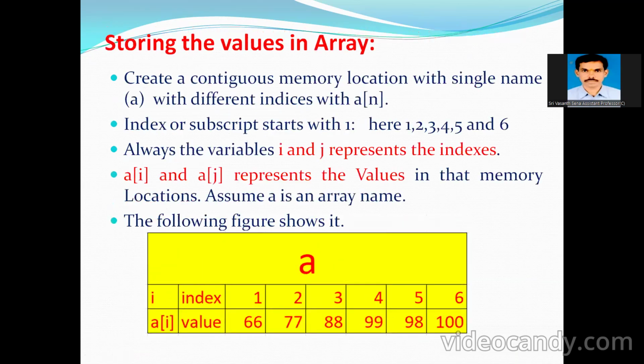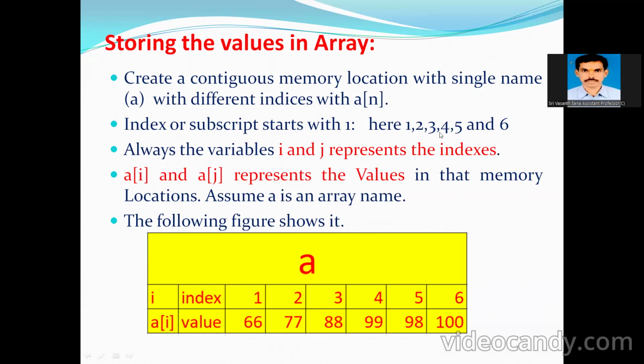Storing the values in an array: as you already know, an array is contiguous memory locations in which we store similar data types, that is, homogeneous data. The index or subscript starts with 1 in the case of RAPTOR.